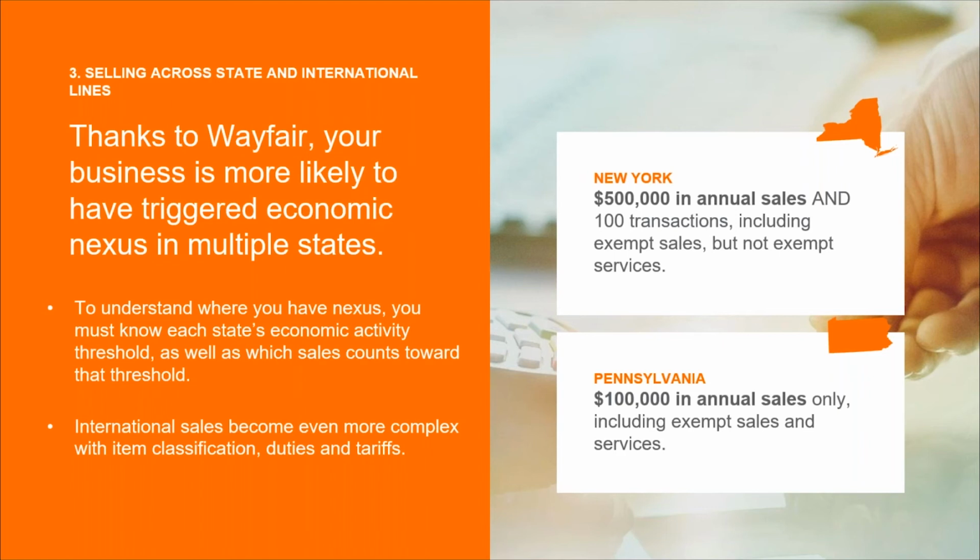So that's a pretty narrow description there. And then in Pennsylvania, it's $100,000 in annual sales only, including exempt sales and services. So yet again, this displays just how different the states are in the way that they interpret their economic nexus.